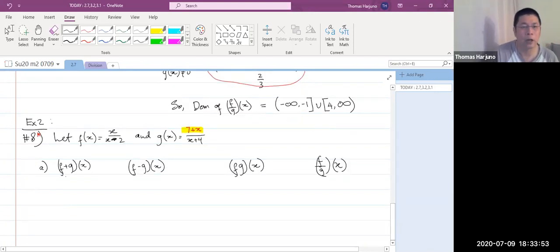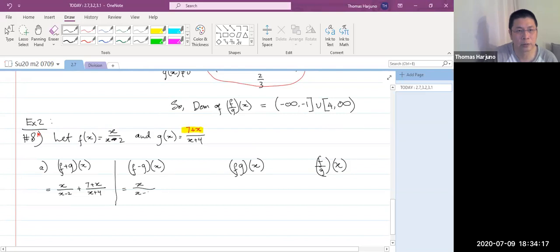Now, if I work it out, this will be f of x plus g of x. Sometimes you need to simplify that further, but here they just want you to add it, and I will just write it down. Okay, second, what if we subtract? That's what it looks like.